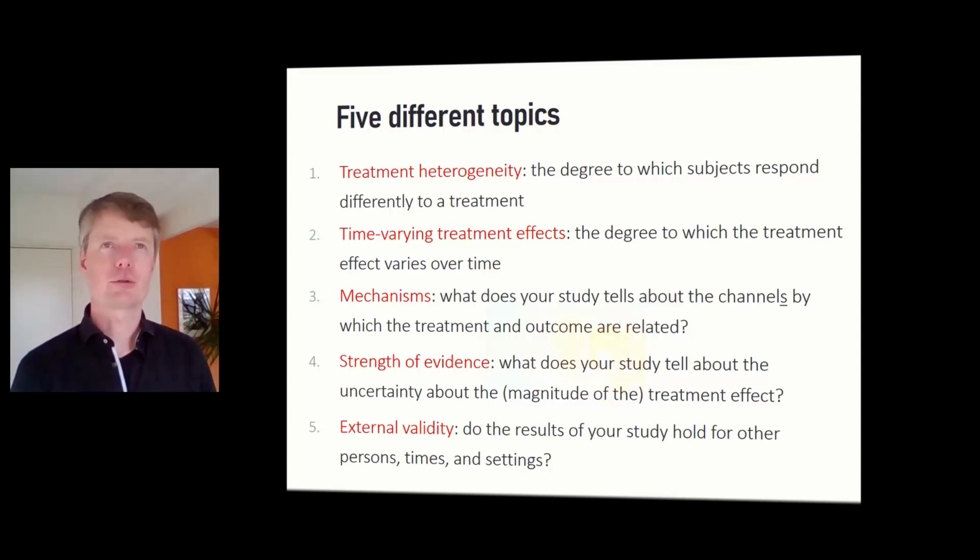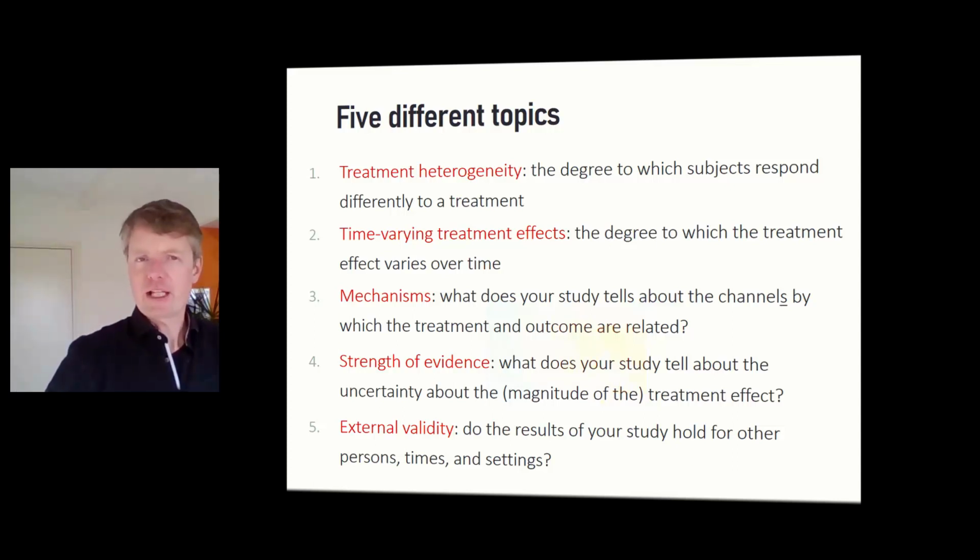So that's the direct effect. In Econometrics 1, we only estimated the net effect of all of these mechanisms. But in Econometrics 2, we're going to look at what we can say about the specific drivers of this treatment effect.